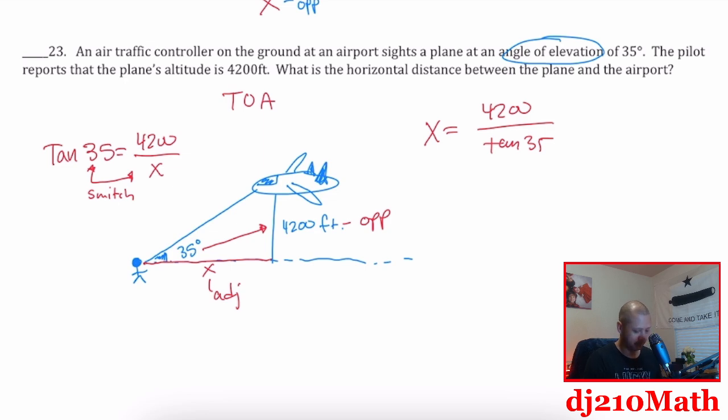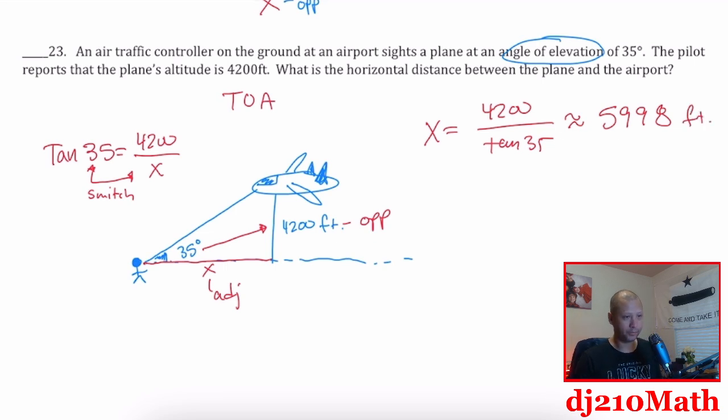That's calculator work. This comes out to approximately 5,998, rounded down.